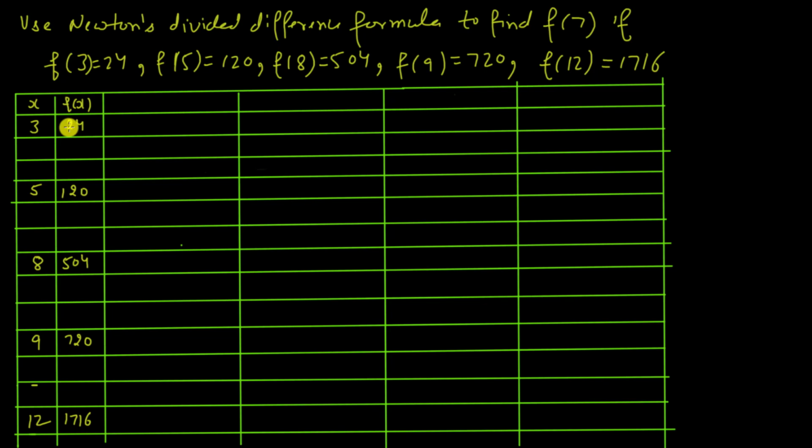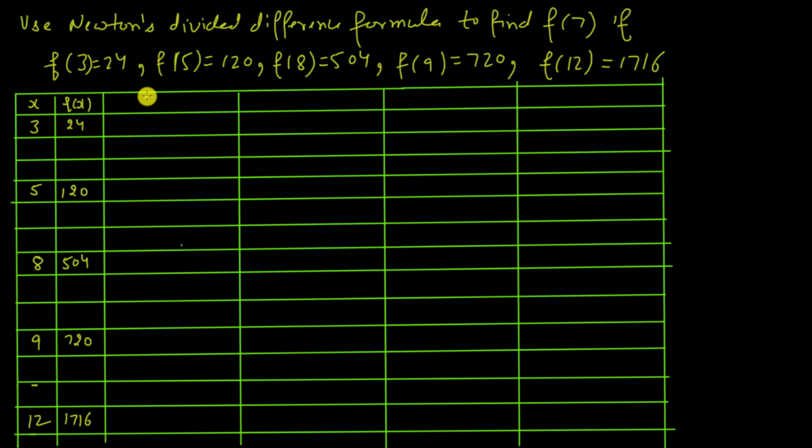And these are the values of the function. f of 3 is 24, 120, f of 8 is 504, f of 9 is 720, f of 12 is 1716. So now we'll find the first order divided difference column.